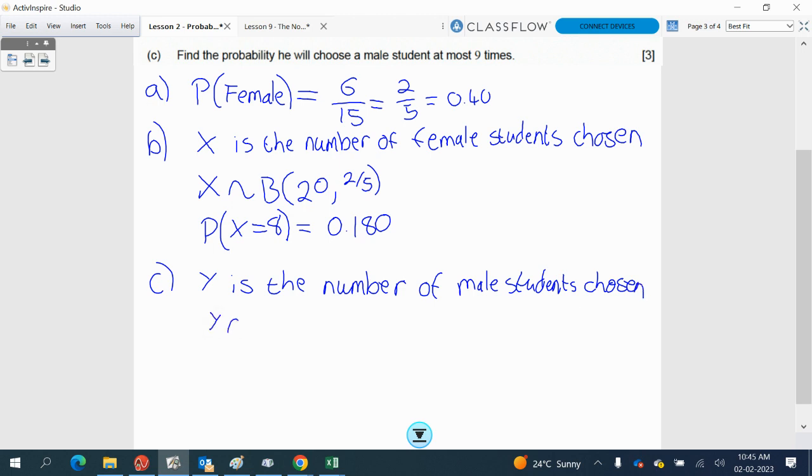So Y is binomially distributed with 20 trials and a probability of success of 3/5. So we want the probability that Y is less than or equal to 9.